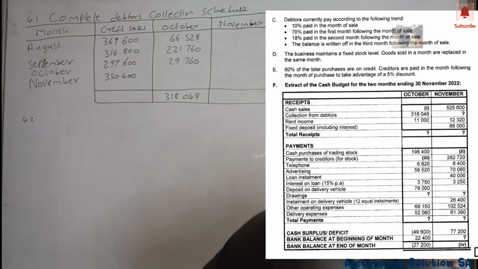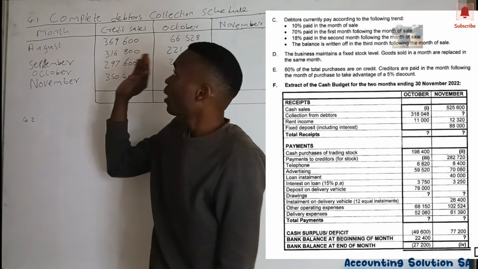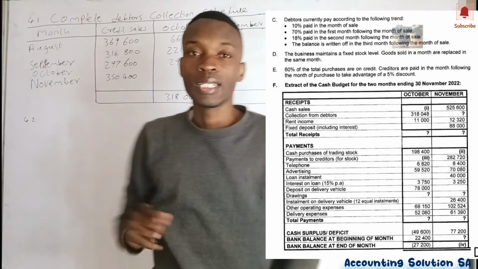Then number D, they said the business maintains a fixed stock level. The other information, guys, we are going to go through when we answer other questions, because we already read the information that is needed to complete our debtors collection schedule.